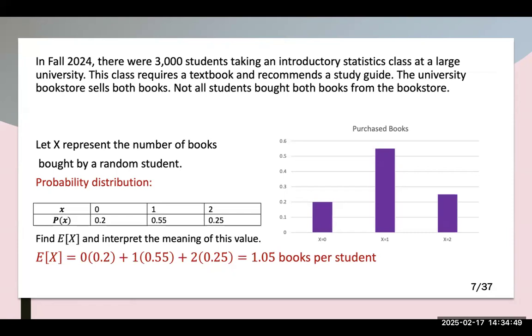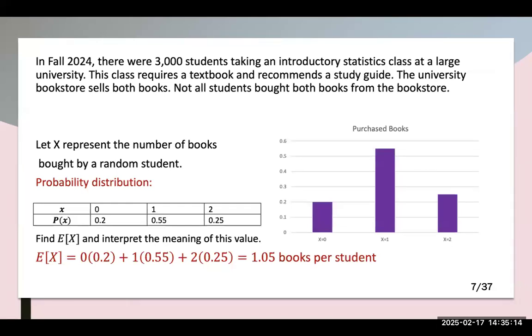Now, no student is going to go in and buy 1.05 books, right? It's impossible. You're either going to buy 0 books, 1 book, or 2 books. But what this means is that if we see, let's say 30 students come in, they're either going to buy no books, 1 book, or 2 books.